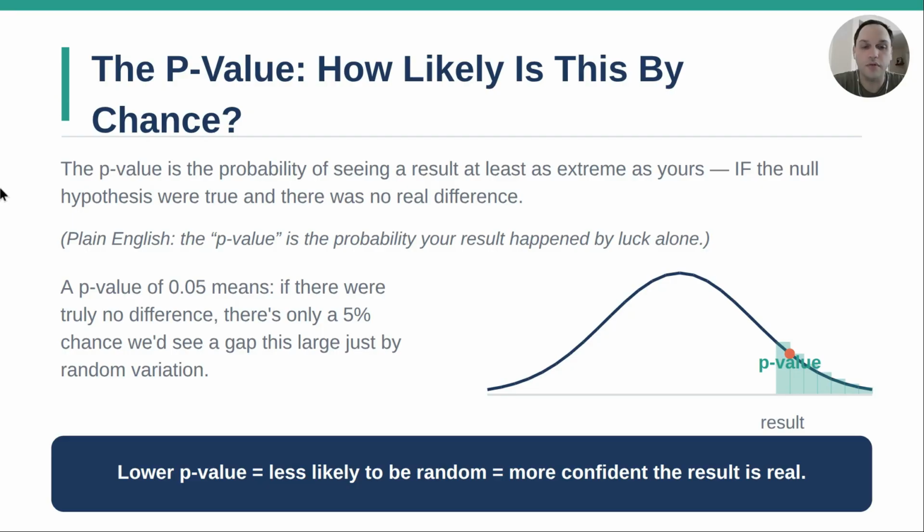A p-value of 0.05 means if there were truly no difference, there's only a 5% chance we'd see a gap this large or larger by random variation alone. The lower the p-value, the less likely the result is random, and the more confident you can be that the effect is real.